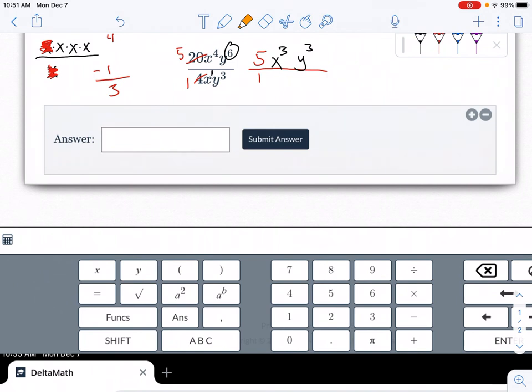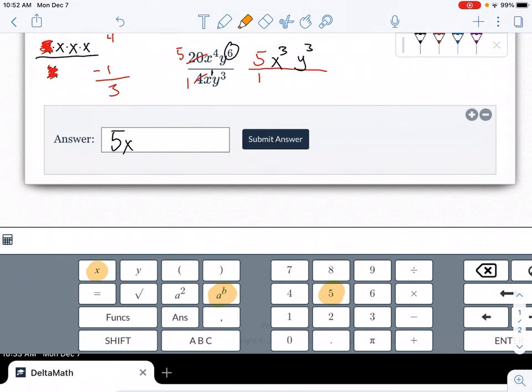So in orange here, I would hit 5. That would be the first thing I do. And that would give me a 5 here. I would say x to the 3rd, so I'm going to say x, which would make an x here. And then I'm going to hit my a to the b button.